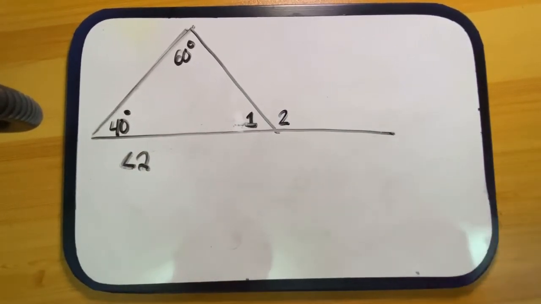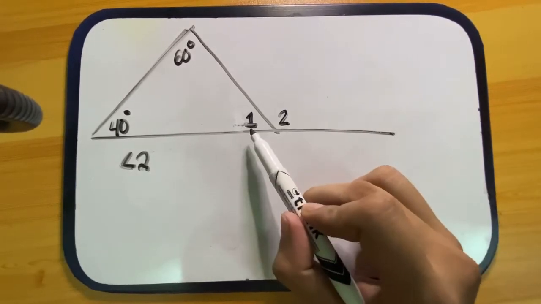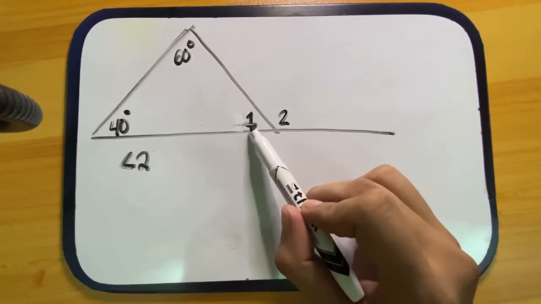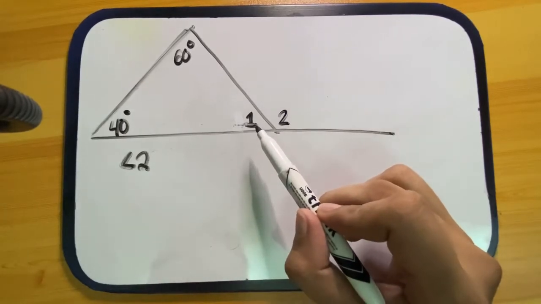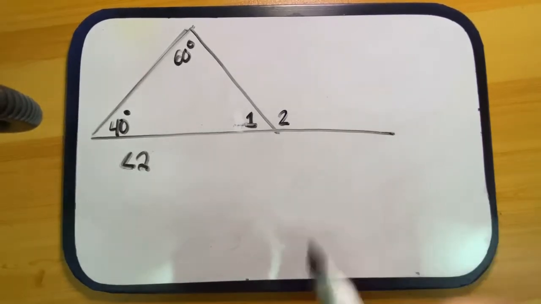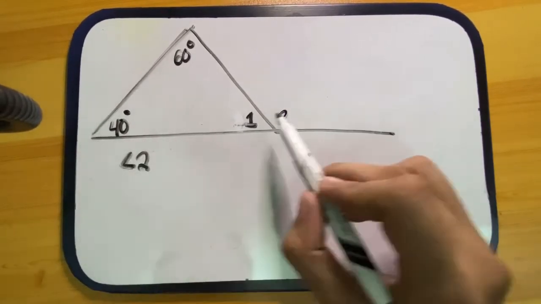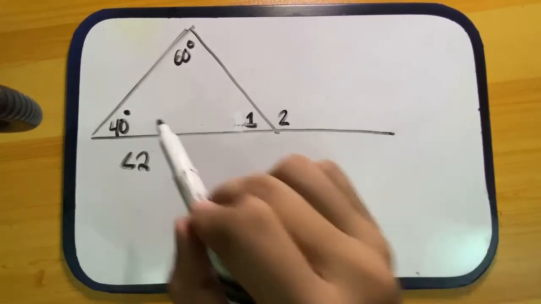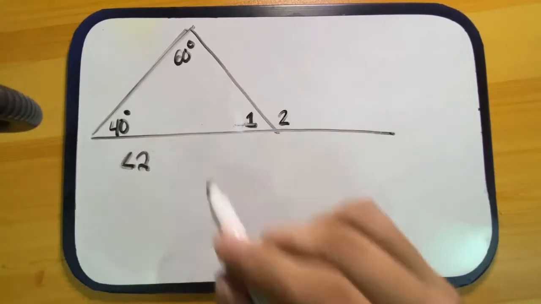In order to get the measurement of angle 2, we need to determine its remote interior angles. Here, angle 1 is not a remote interior angle, okay? Because angle 1 is the adjacent angle of angle 2. Okay? So to get the measurement of angle 2, just add the measurements of 40 degrees and 60 degrees.